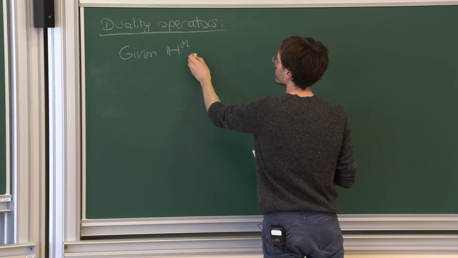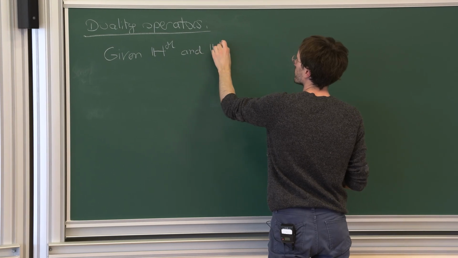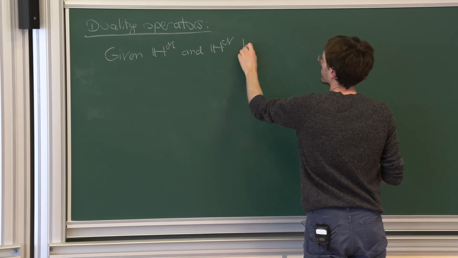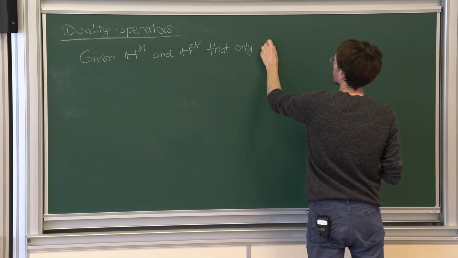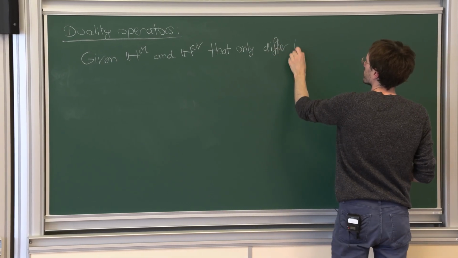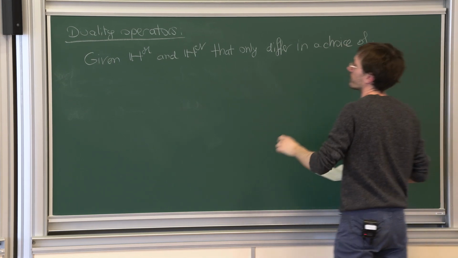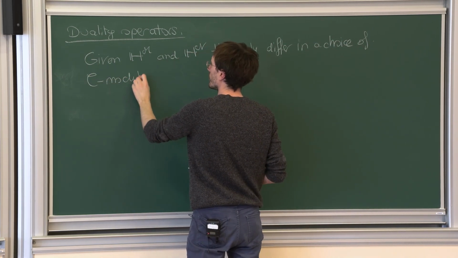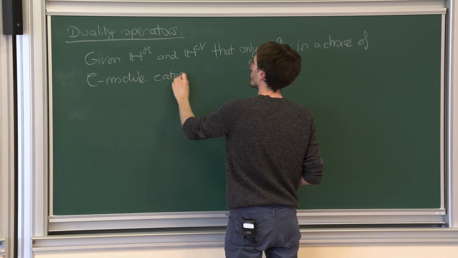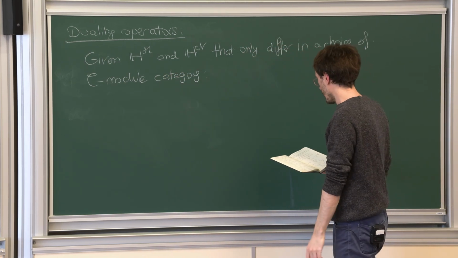Given two models that only differ in a choice of C module category, what it means is that the abstract local operators are the same. I'm just changing the Hilbert space, right?